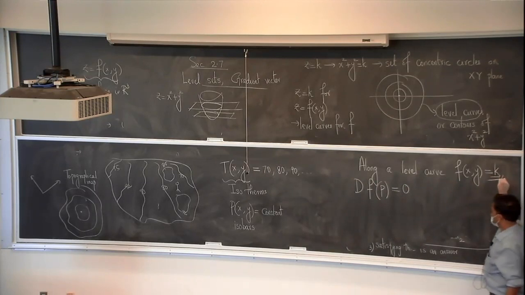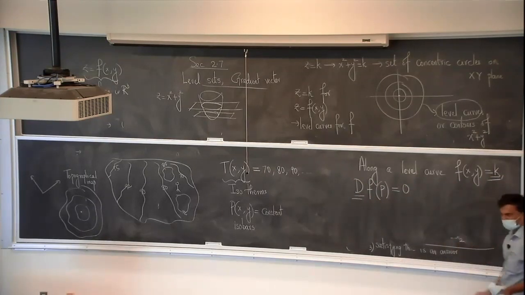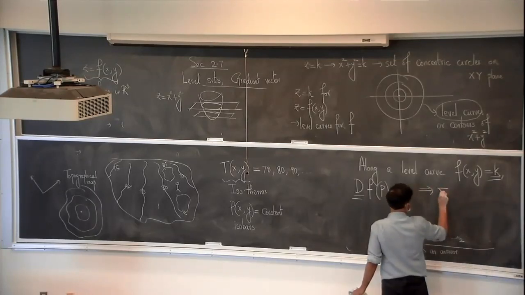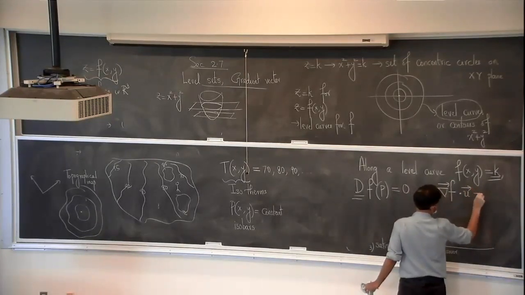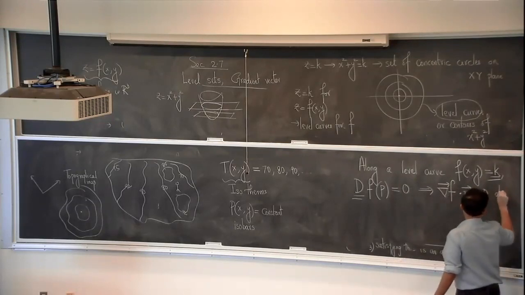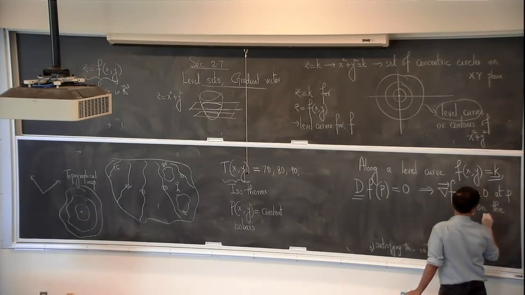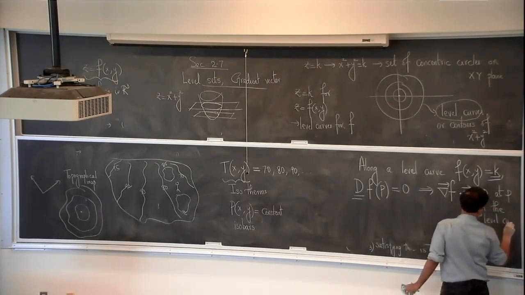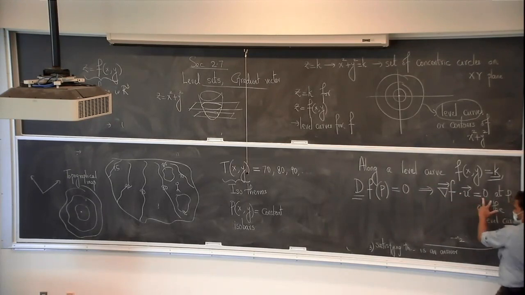Since the function is a constant, the derivative is equal to 0. It's one of the first things you learn in calculus, which means that the gradient vector dotted with u is equal to 0 at that point on this level curve. The constant has 0 derivative, and by definition of our directional derivative, the dot product is equal to 0.